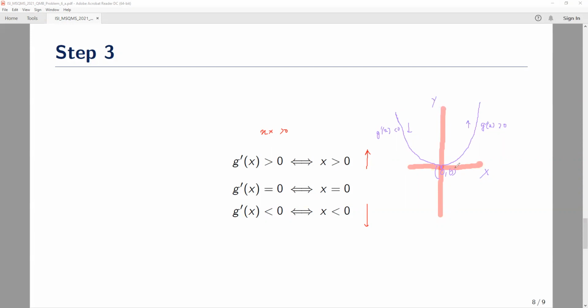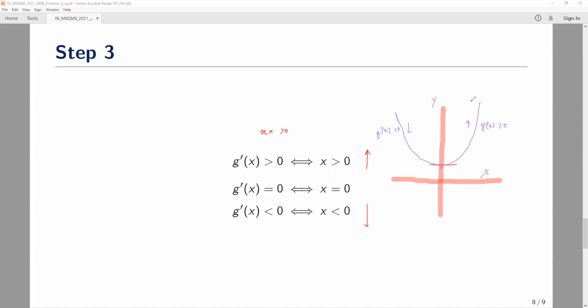It may not take the value 0, and the graph can also be like this. The core idea is that the function is decreasing, taking an absolute minima here, and then increasing.